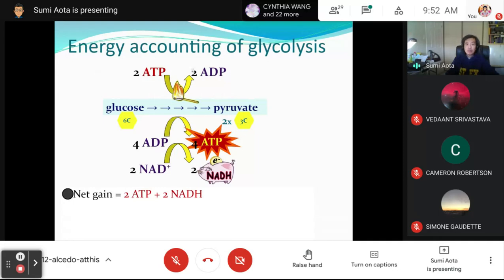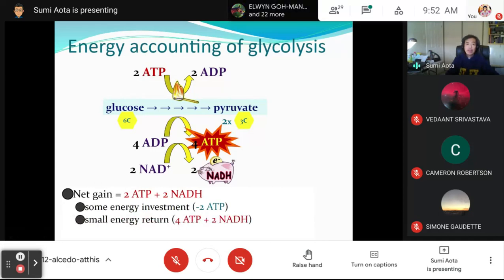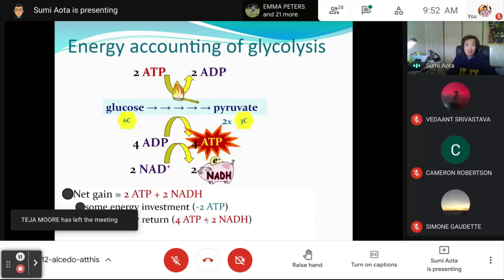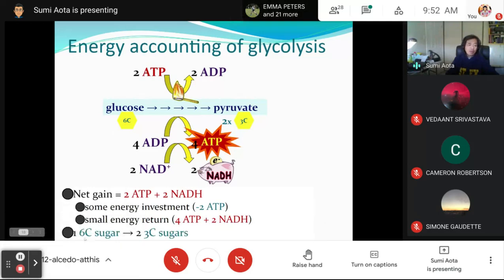But because we use 2 at the beginning, our net gain is 2 ATP and 2 NADHs. So we had some energy investment at the beginning, and we got a very small energy return at the end. What we've done is we've taken one 6-carbon sugar and converted it to two 3-carbon sugars. So this is how we account for the energy in glycolysis.